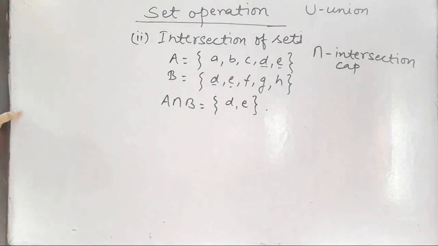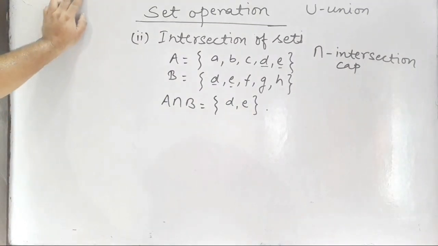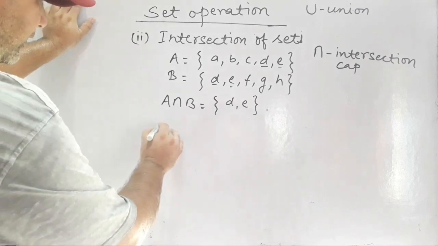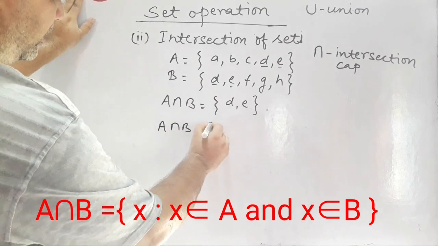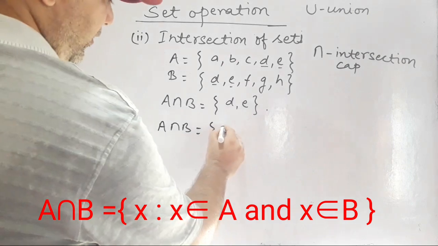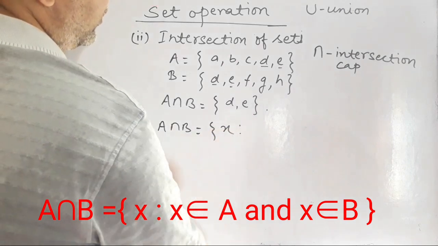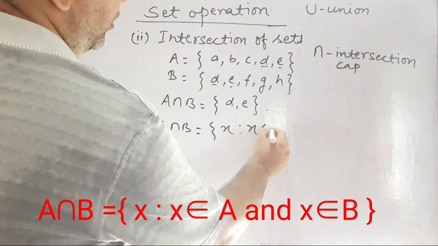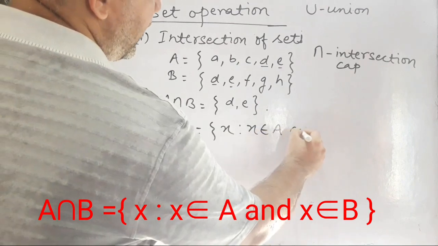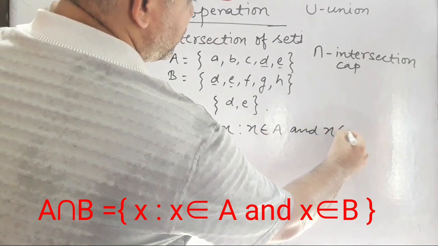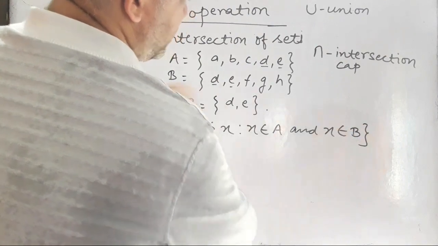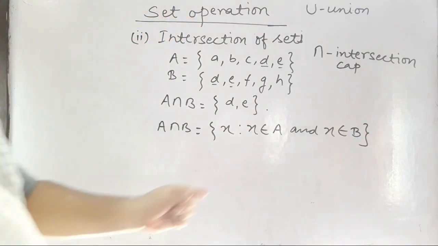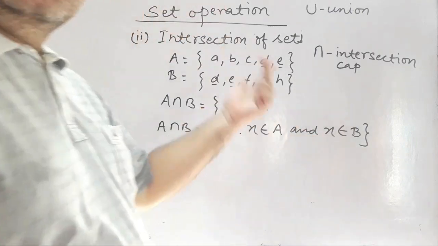So the intersection of the sets A and B is the set that contains the elements which belong to A and B. We write it in set builder form as x such that x belongs to A and x belongs to B. If it were or, then it would be union.